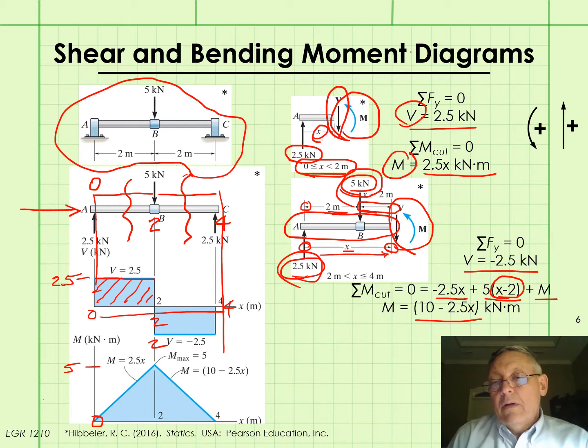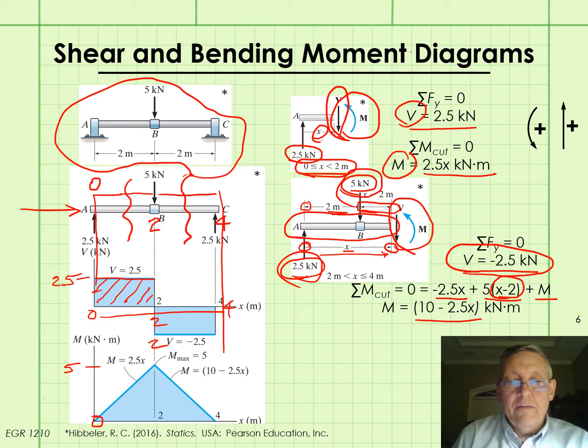So first we're going to plot the shear. V equals negative 2.5 kilonewtons. So that's going to be shown here. And we'll fill in that area between that shear curve and the x-axis.